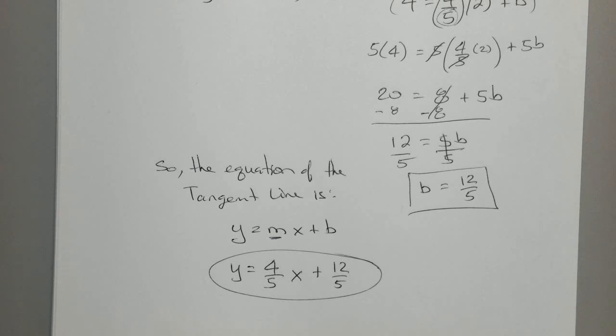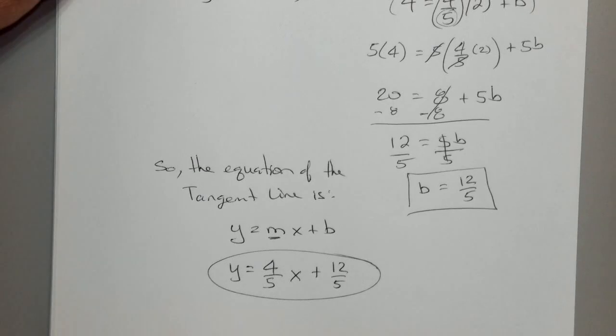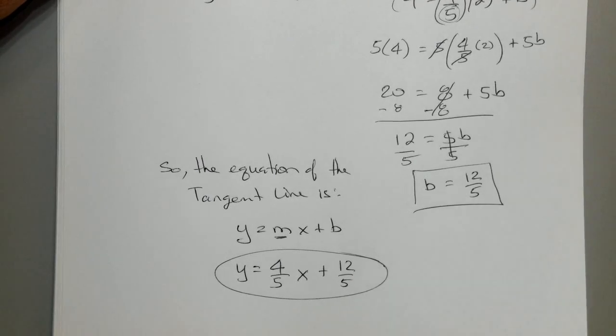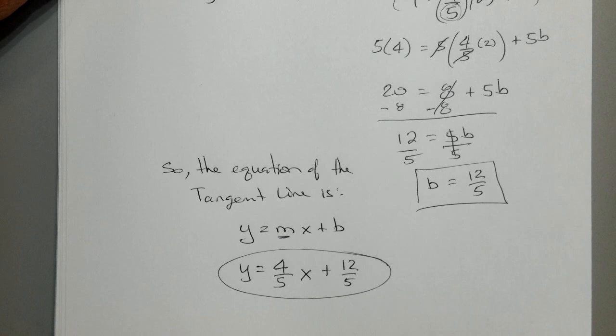How do we do that? What's the relationship of the line tangent and the line normal? They're perpendicular, which means what about their slopes?